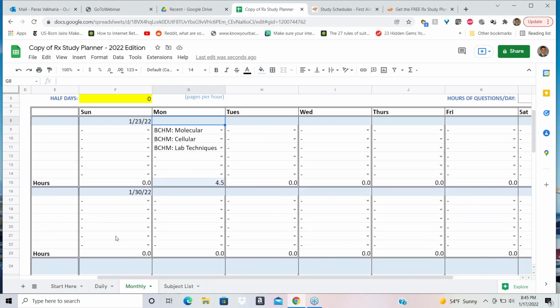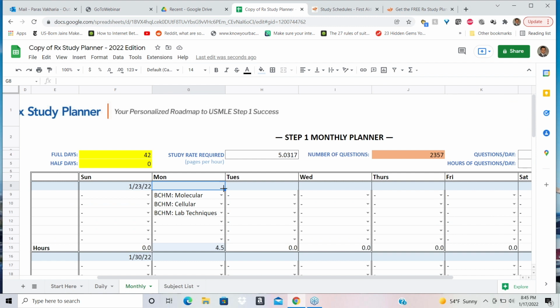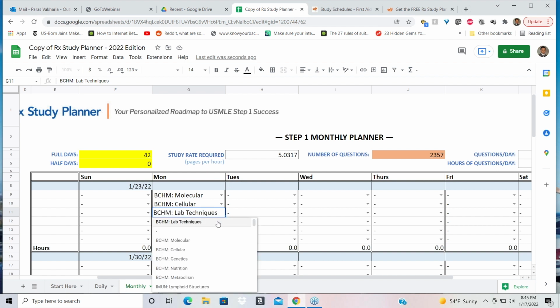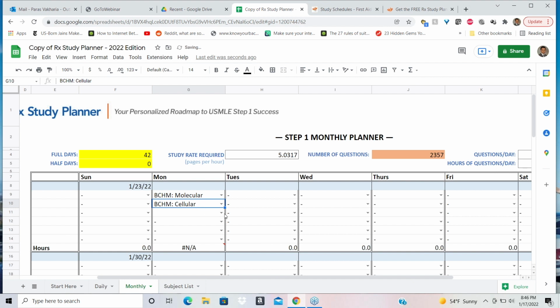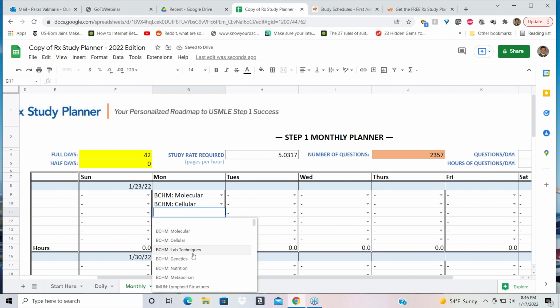And then as you set them aside, you can individualize each day to tell yourself, okay, today I'm going to go through these topics of biochemistry, okay? And you can see that this is taking a certain amount of time, okay? And if I remove that, it'll change how much time it'll take me to go through that, okay?